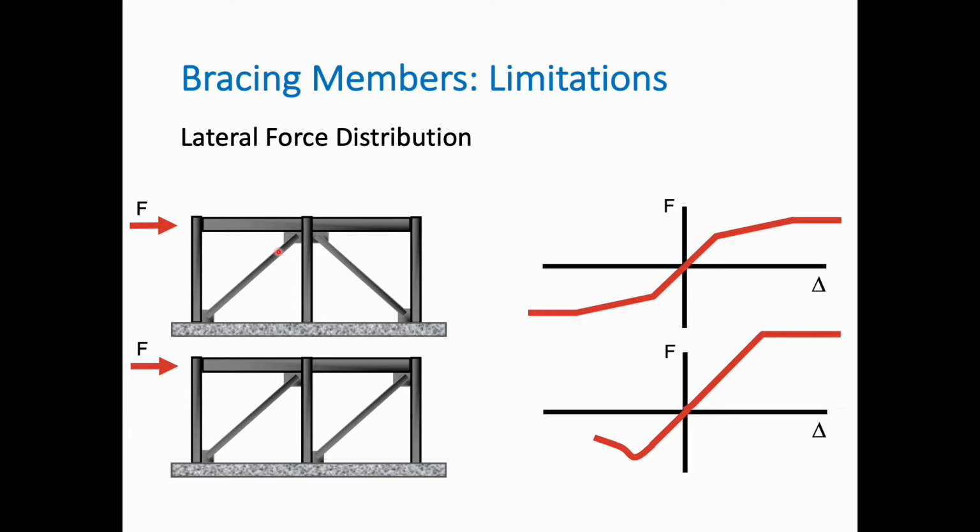Even if we have a different compression and tension capacity of the braces, these two braces will act as symmetric, and with the degradation over subsequent cycles, this makes a very symmetric hysteretic behavior. However, if we have a bracing like this in one direction only, then what's happening is that in one direction we have quite high strength, whereas in the opposite direction the strength is very low.